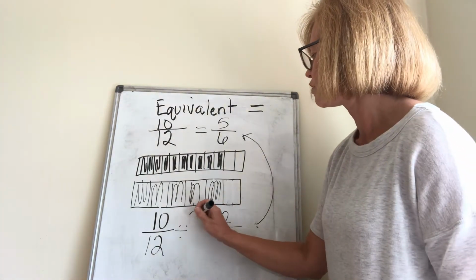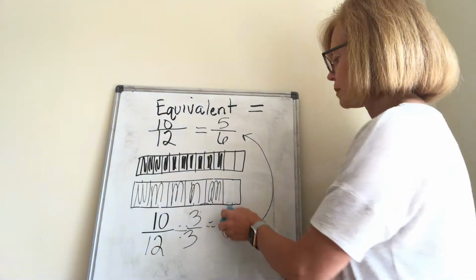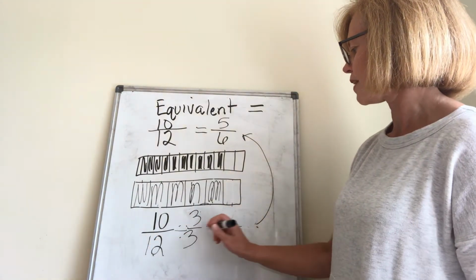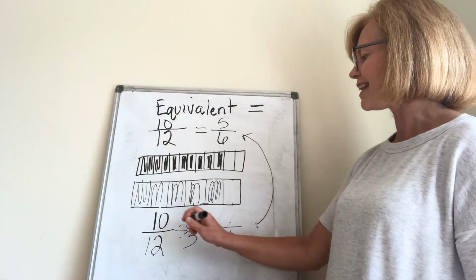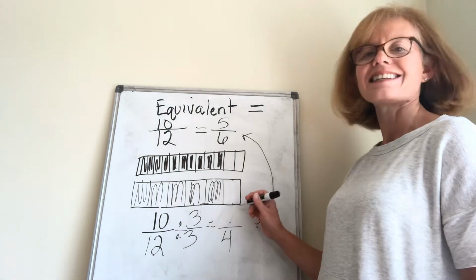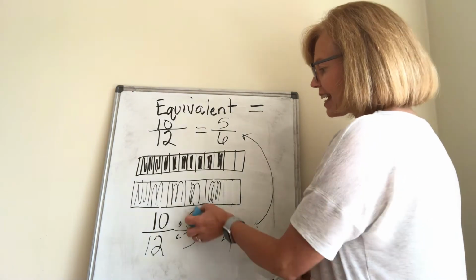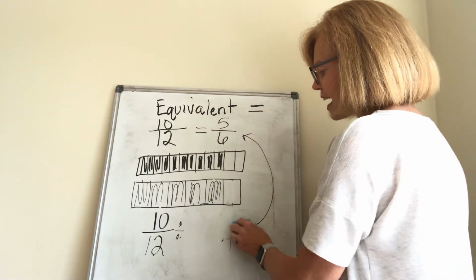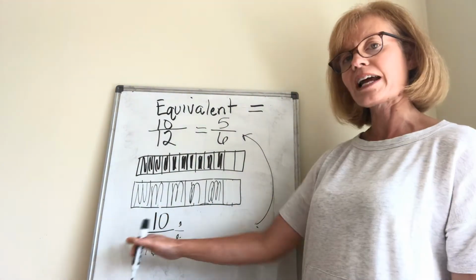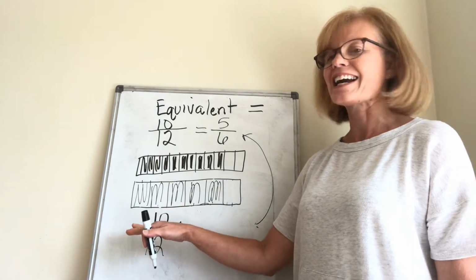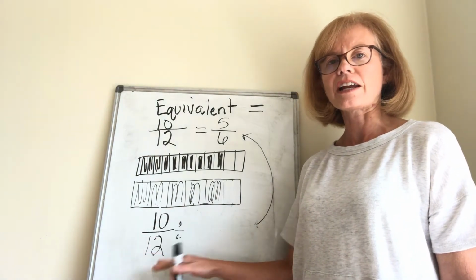I also couldn't do 3/3 because while 12 divided by 3 is 4, 10 divided by 3 is not going to be, I can't do it evenly. So I can't use just any number. I've got to use a number when I'm dividing that can be divided equally by both the numerator and the denominator.